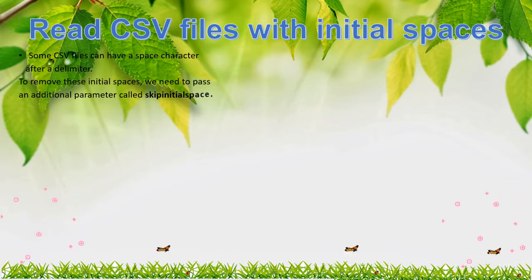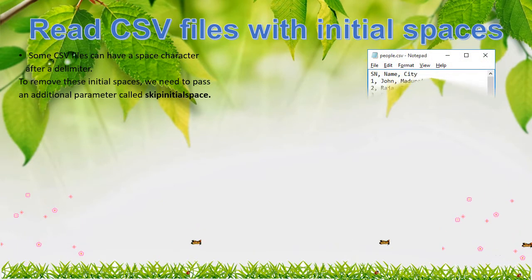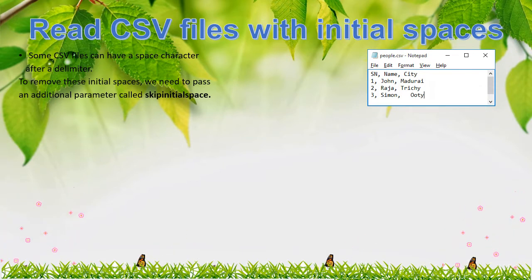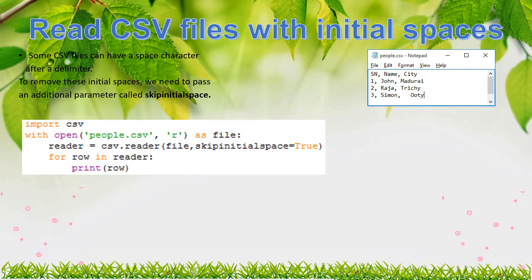And initial spaces. See this CSV file. If you want to remove those spaces, see here, before name, before city there is a space. All the data's names have a space before, and cities' names also have a space before.